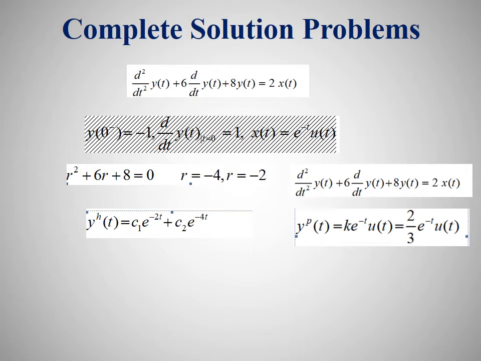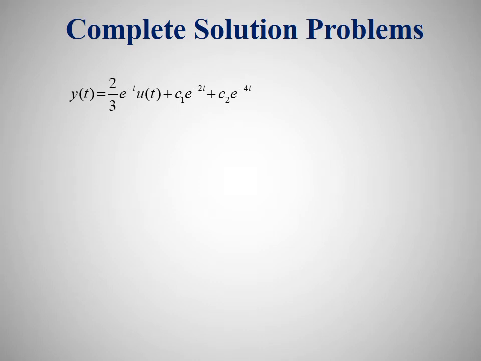The homogeneous solution for such a problem is got as yH of t is equal to c1 e power minus 2t plus c2 into e power minus 4t. The particular solution has been obtained from the previous discussion as yp of t is equal to k into e power minus t u of t, which is going to be 2 by 3 e power minus t u of t.